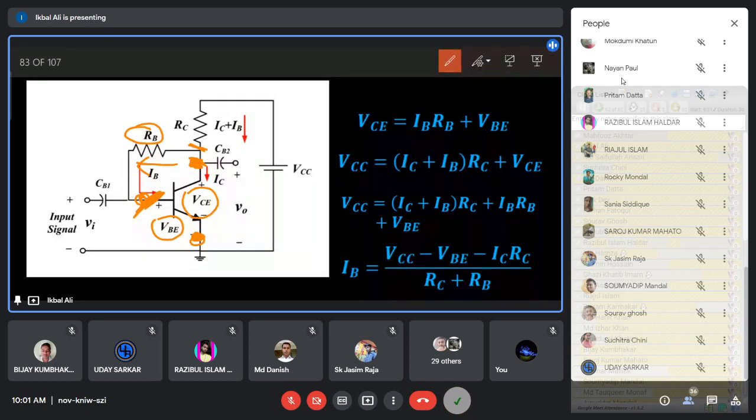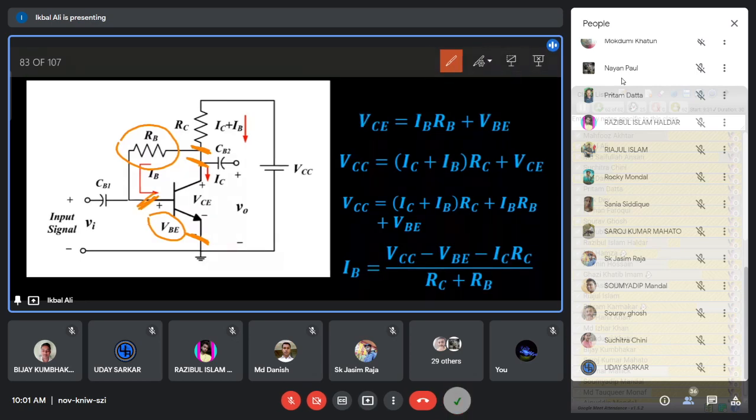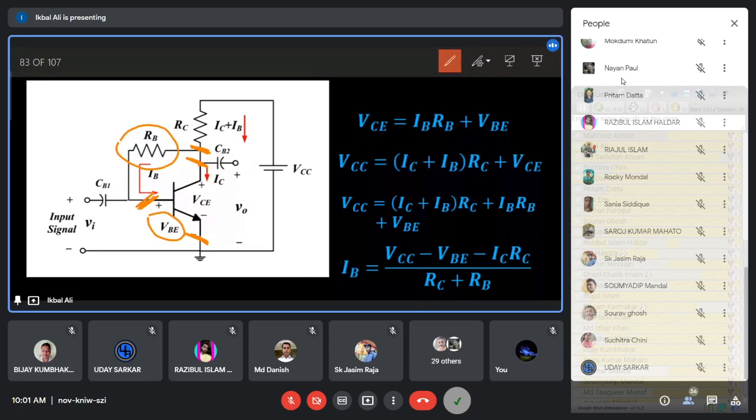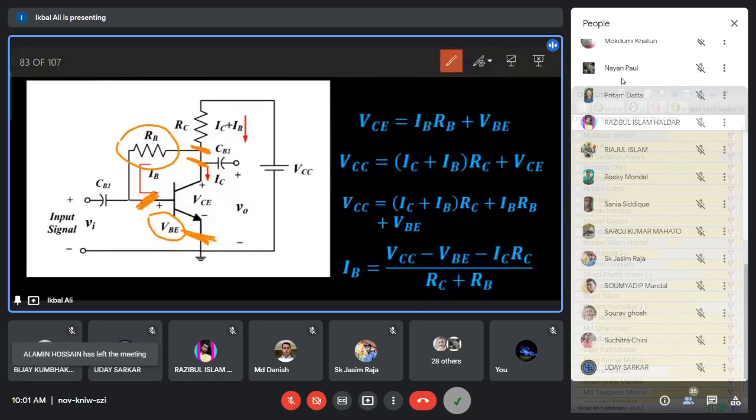So what is the potential difference between the collector and emitter? It is the summation of the potential drop across the resistance RB and also the VBE. From the collector point to the base point, you have a voltage drop which is RB into IB, and from the base point to the emitter point, you have another potential drop which is VBE.